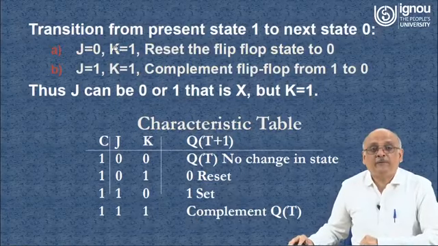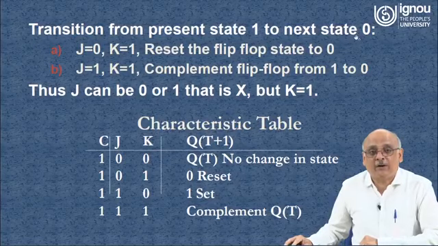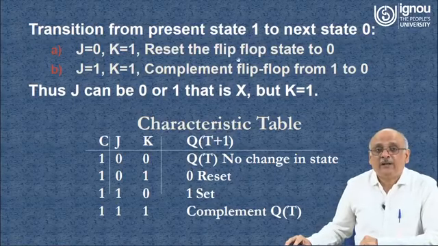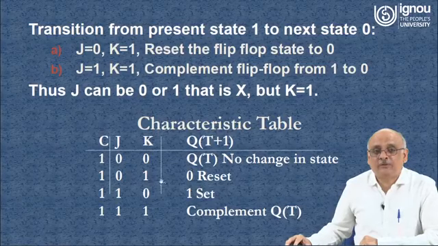Likewise, what we do here is the transition from present state 1 to next state 0. J equals 0, K equals 1 is the reset, right? So the current state is 1. When the current state is 1, we reset the flip-flop to state 0, or complement it. So this is what you will get with J equals 0 and K equals 1.